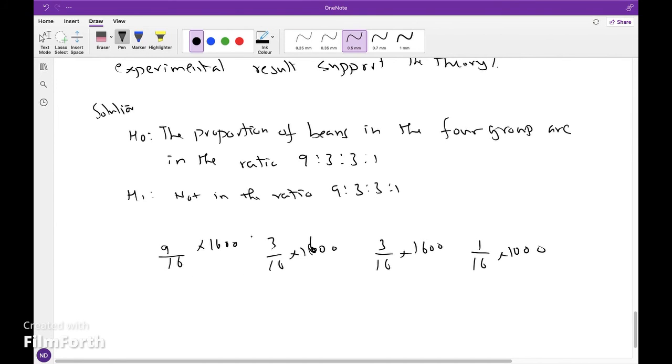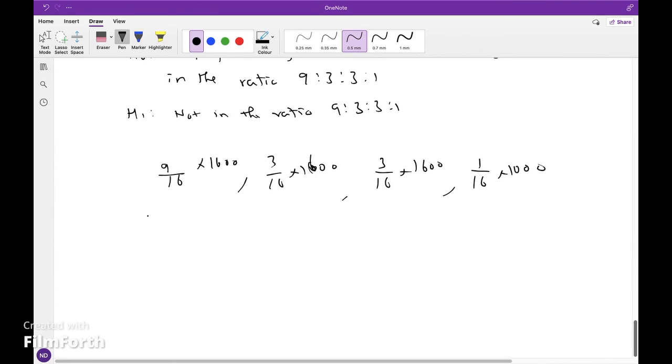The 16 is 9 plus 3 plus 3 plus 1, in an examination with 1600 beans. So the ratio is 9 is to 3 is to 3 is to 1. That's why we are getting these expected frequencies. Using a calculator: 900, 300, 300, 100.